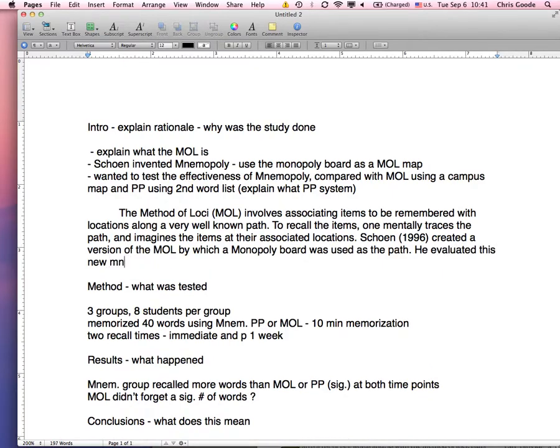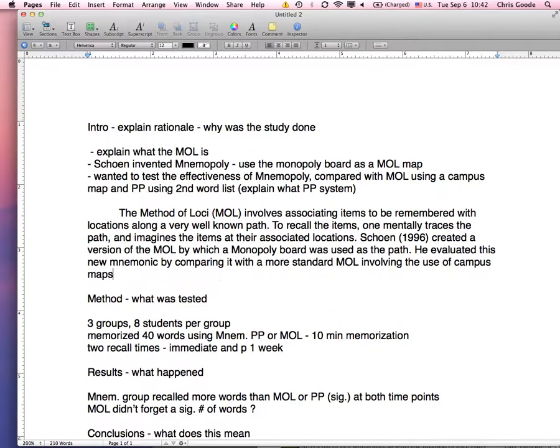He evaluated this new mnemonic by comparing it with a more standard method of loci involving the use of campus maps and a more complicated mnemonic, the phonetic peg system.